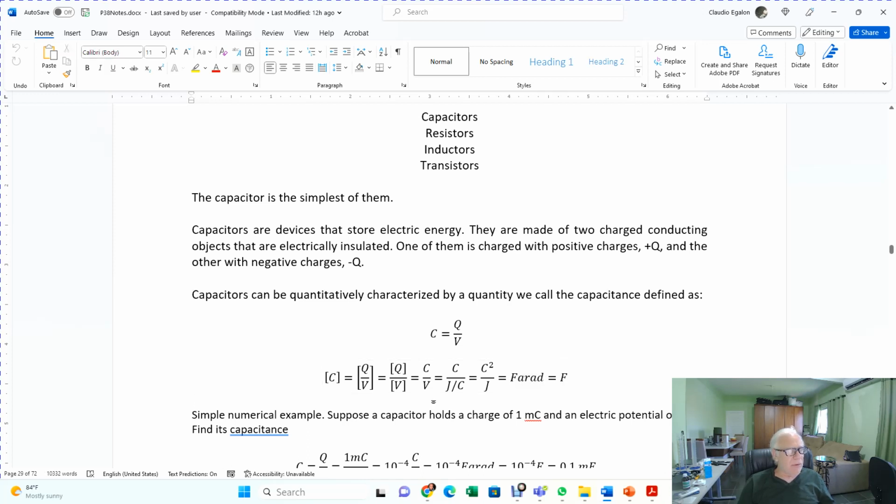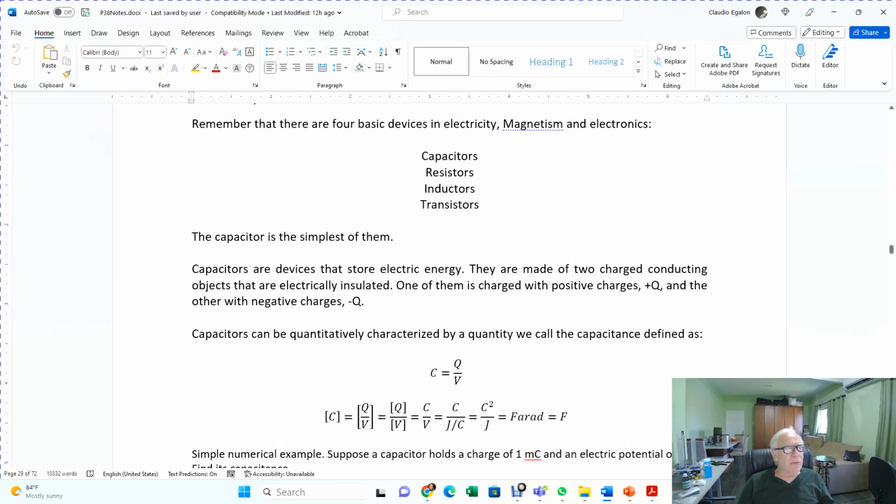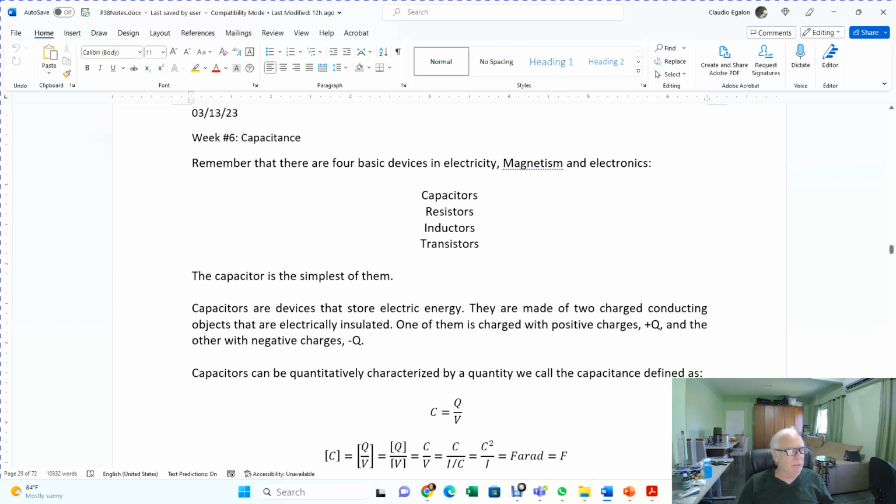Now, before we proceed, think about that. Why do we study capacitors? The reason we study capacitors is because of this little paragraph that you see here. In electricity, magnetism, and electronics, there are 4 basic devices. Capacitors is one of them.